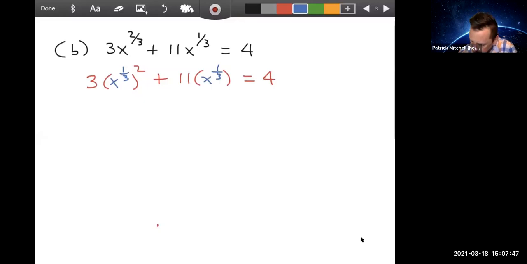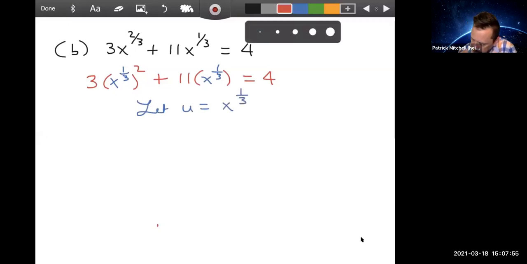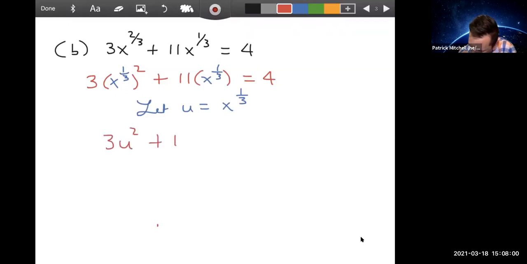So then I will make my substitution, let u equal x to the 1/3. So now I have the equation 3u squared plus 11u equals 4, which is definitely a quadratic equation.